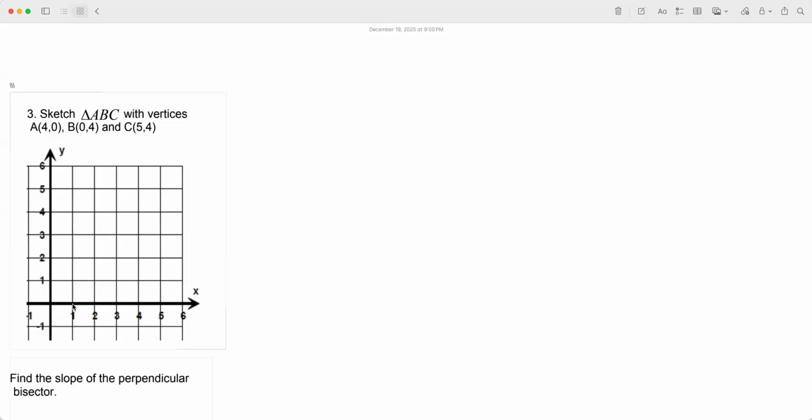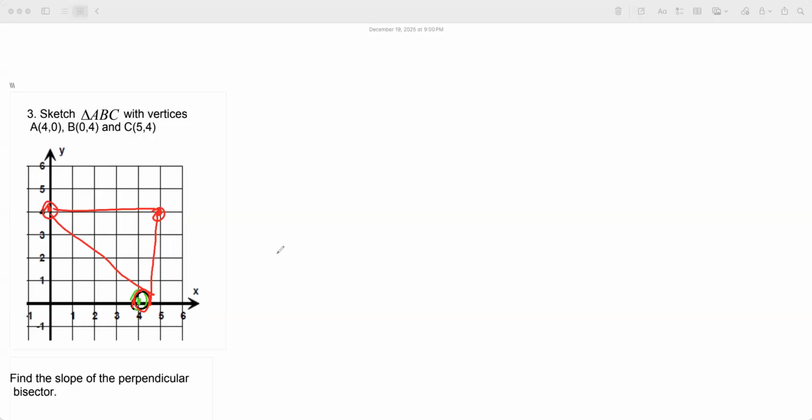The vertices are 4, 0; 0, 4; and 5. That is your triangle. Now, find the slope of the perpendicular bisector.